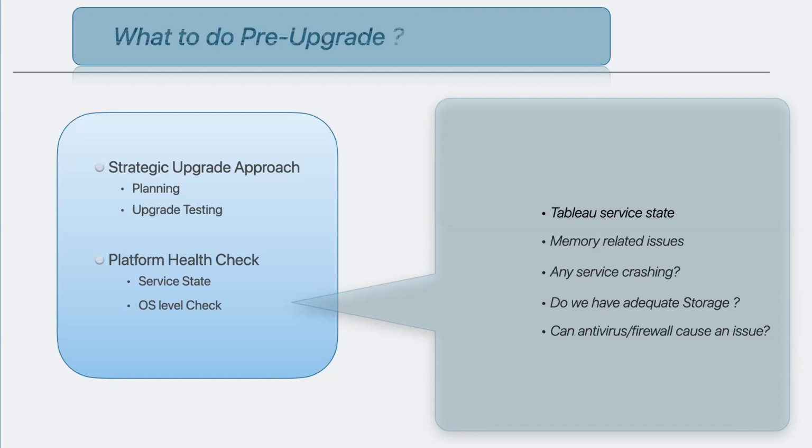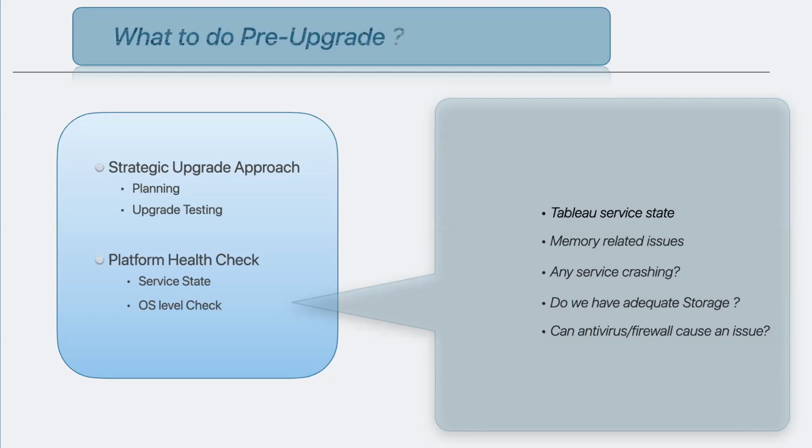So the topic we are discussing is how to reduce this risk so that your upgrade doesn't fail and you don't have any issue. First, verify the Tableau service state. Check all the services whether they are in a healthy state.